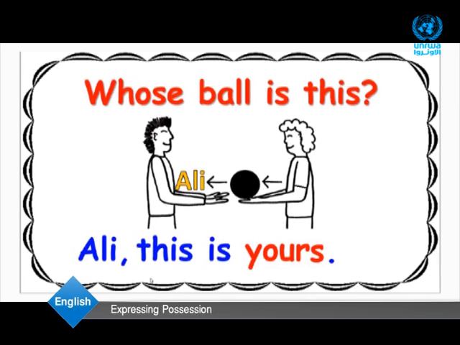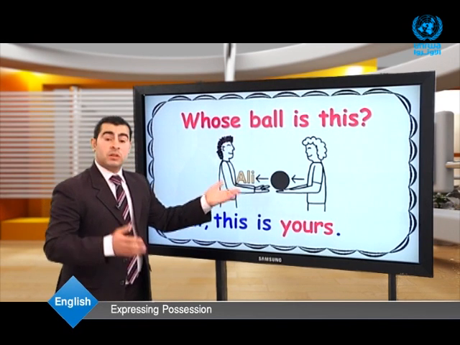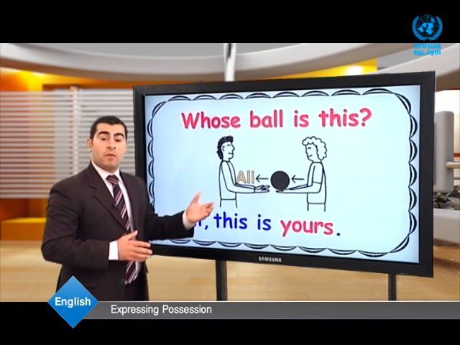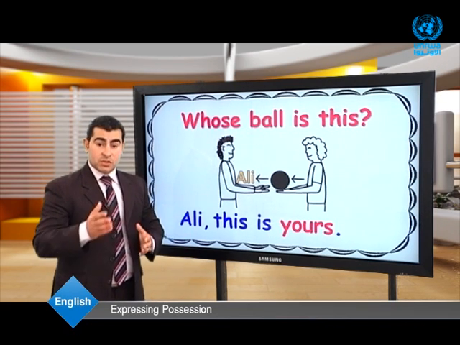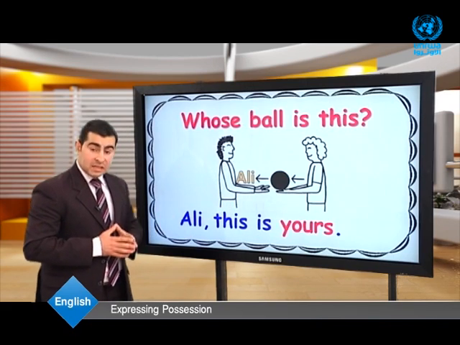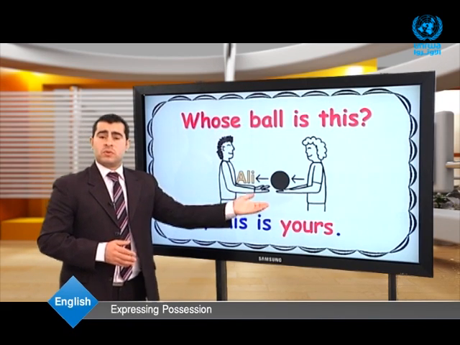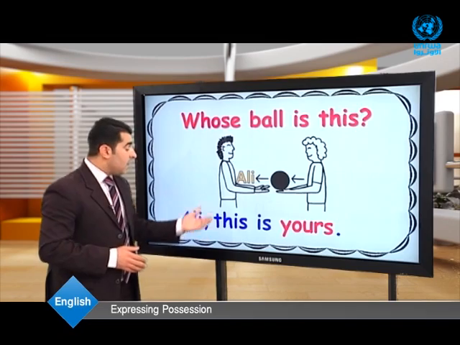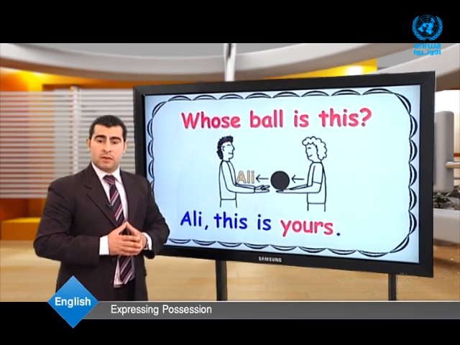Both of them know what they are talking about, so they don't need to mention the name of the thing. So, he can say, Ali, this is yours. It means, Ali, this is your ball.